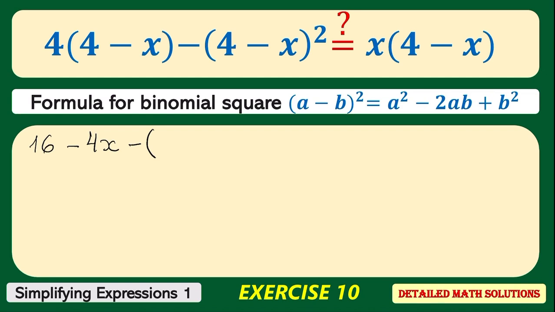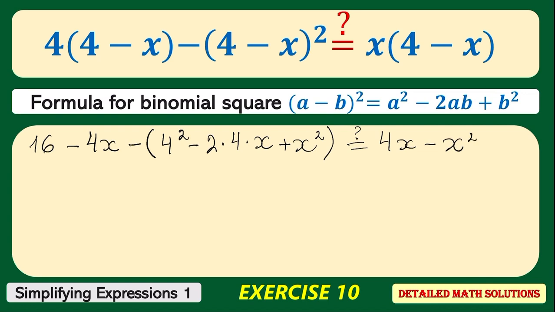And when I apply the formula, this equals 4 squared minus 2 times 4 times x plus x squared. And then I need to prove that this equals 4x minus x squared. When I simplify further, I get 16 minus 4x.